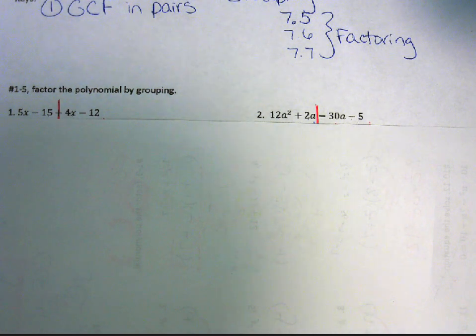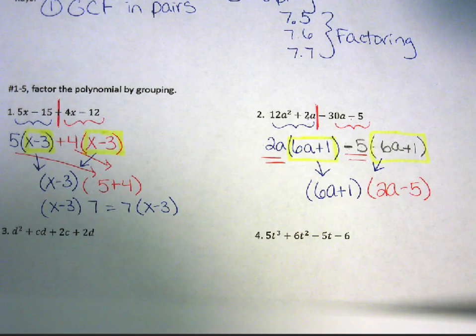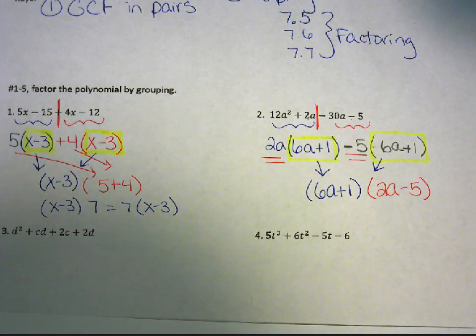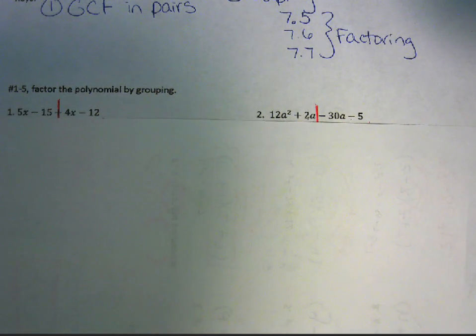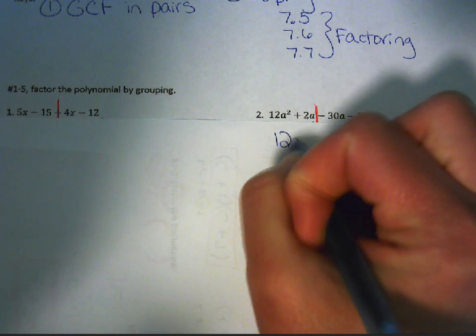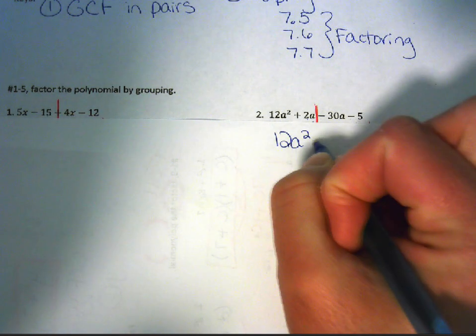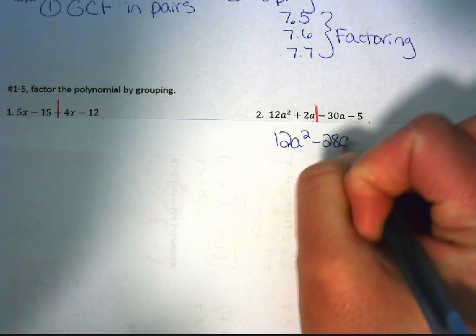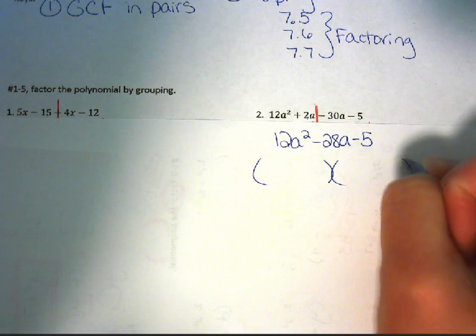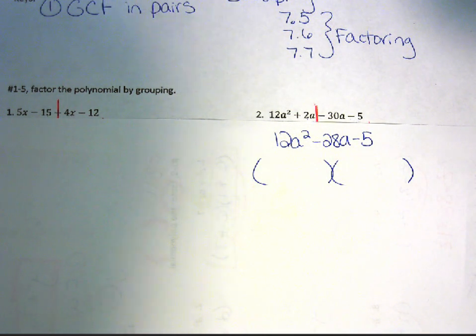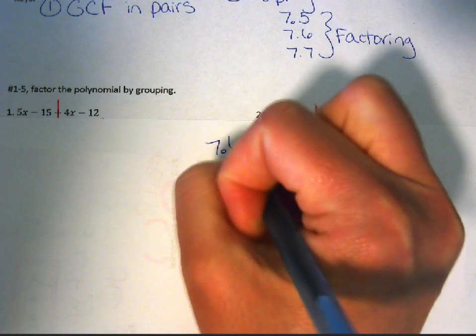However, when we proceed on to number 3, you'll notice there is no way to combine like terms. For instance, on number 2, I could have put the 2 together and done a negative 28a minus 5, and then I could have just tried to factor it like that. That's exactly what we did in 7.6.